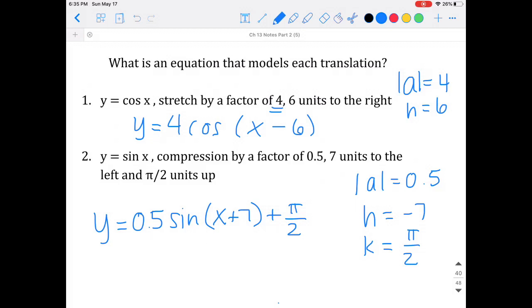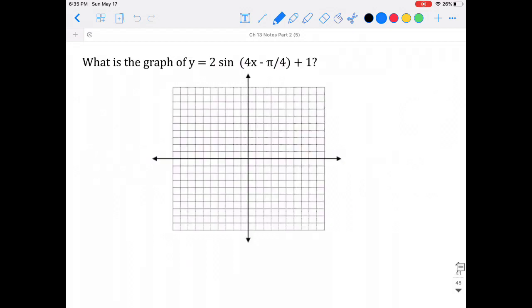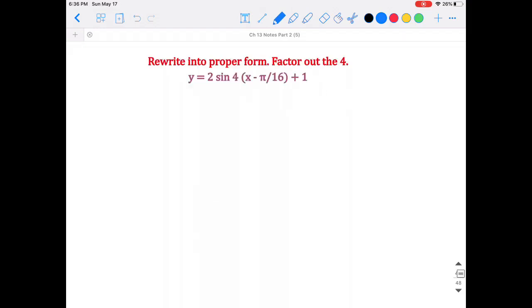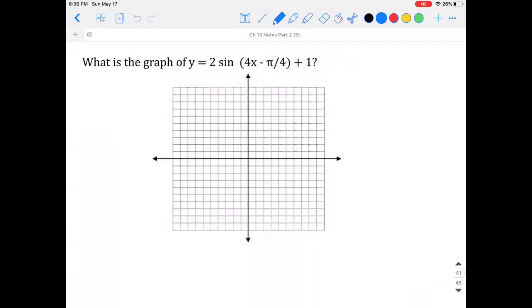We're going to do one more example with graphing a sine function. So what is a graph of y equals 2 sine of 4x minus pi over 4 plus 1? So we're going to use those same steps that we used earlier, and now it's just a more complicated function. So first thing, before we get started with our steps, we're going to rewrite into proper form by factoring out the 4. So notice in our original equation, we have 4x minus pi over 4.